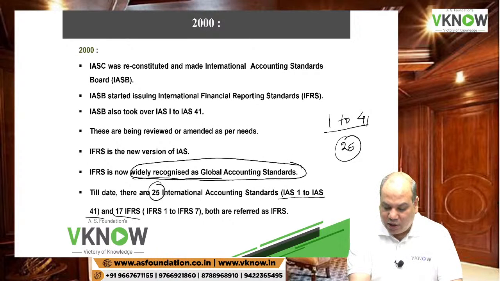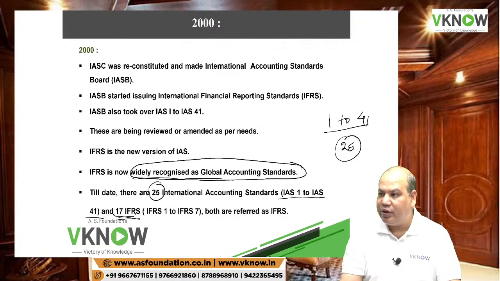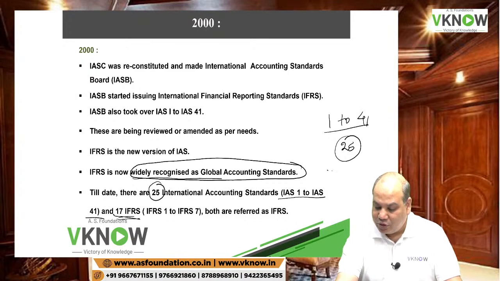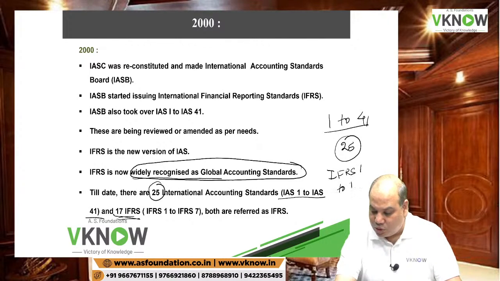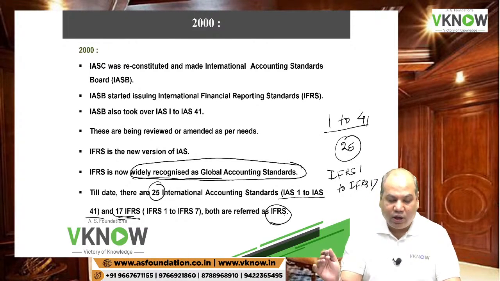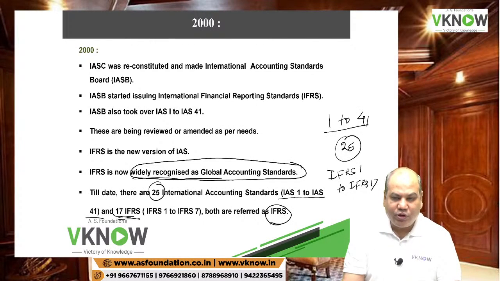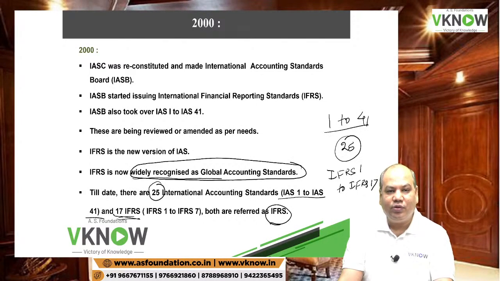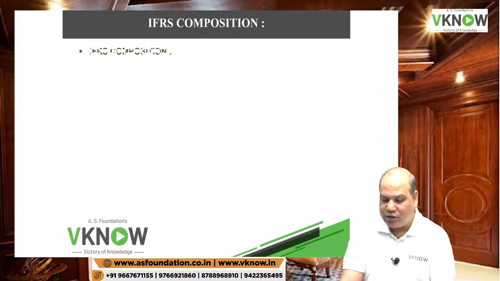And what about IFRS? There are 17 IFRS, IFRS 1 to IFRS 17, and both are referred to as IFRS only. So the interesting part is that IAS plus IFRS is known as IFRS. So we don't say International Accounting Standard anymore, we just call it IFRS.